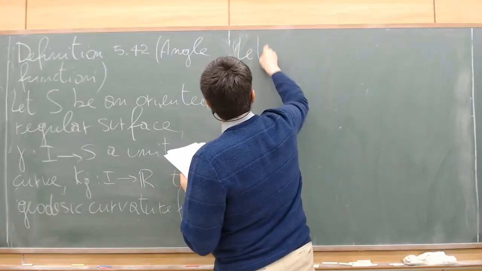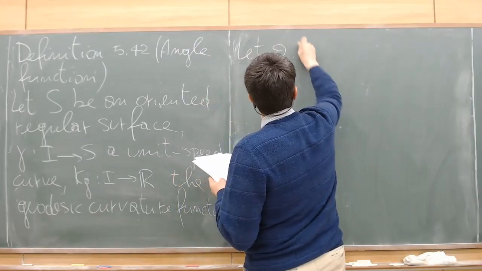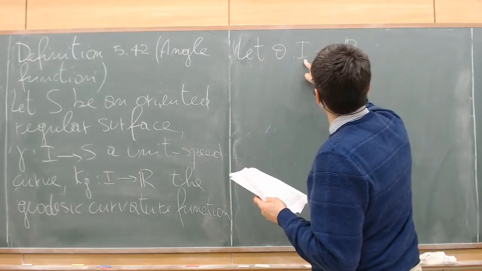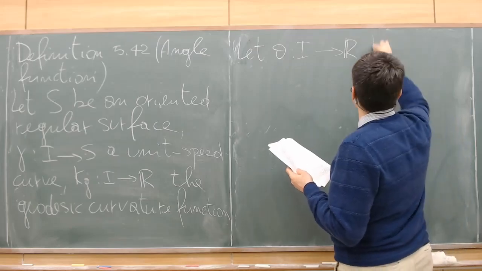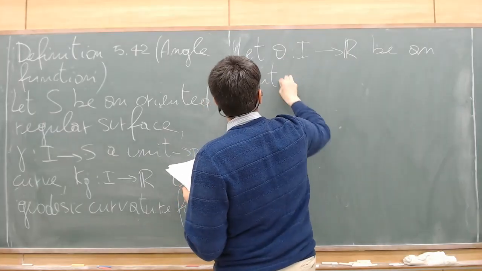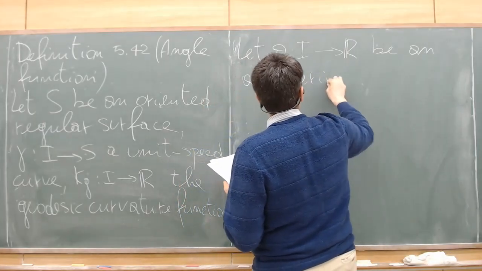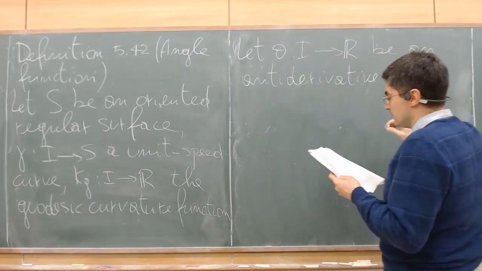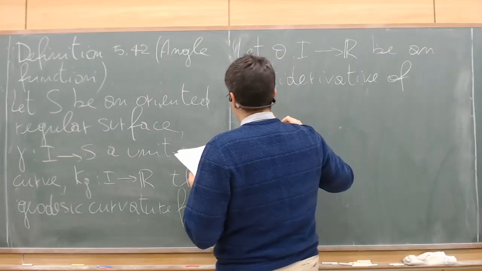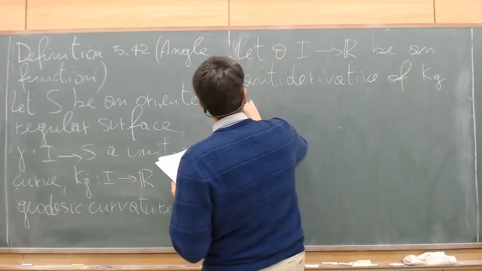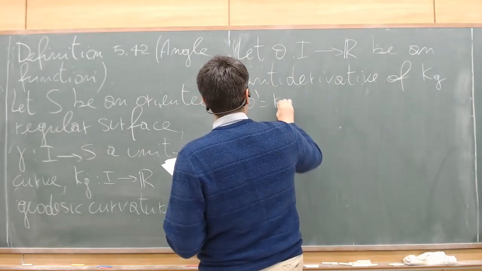Let theta, the function defined on I with values in R, be an anti-derivative of kg. So this means that theta prime is kg.